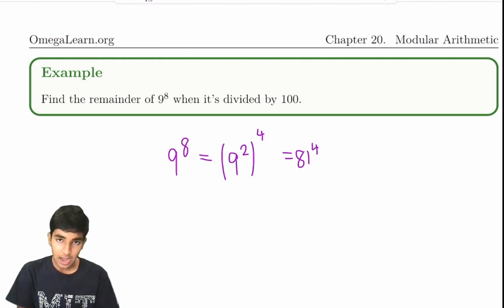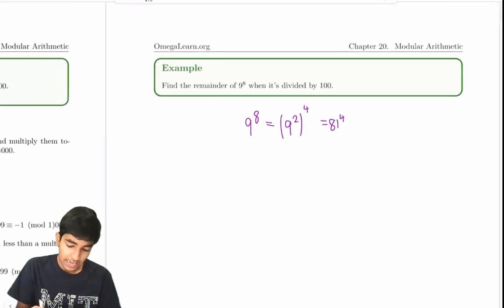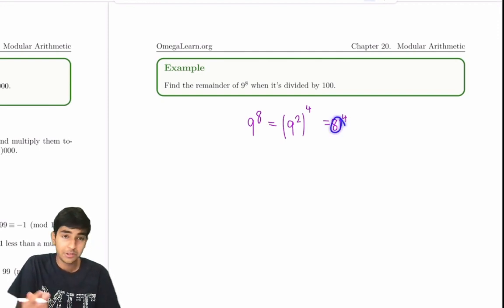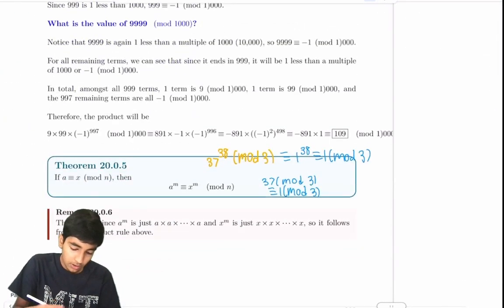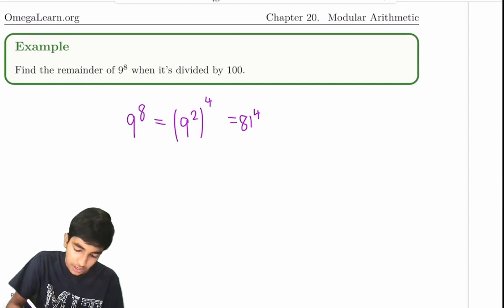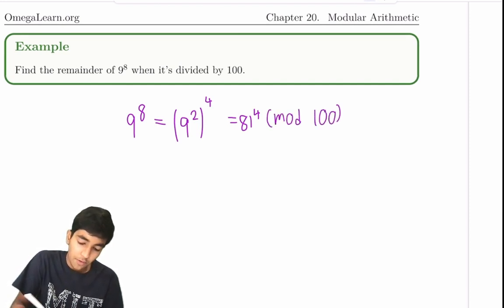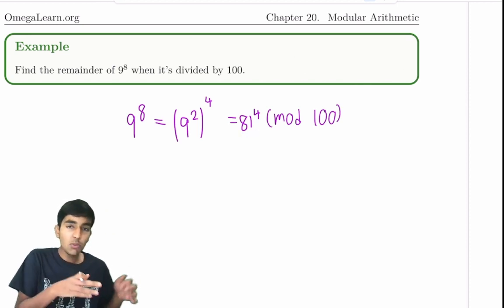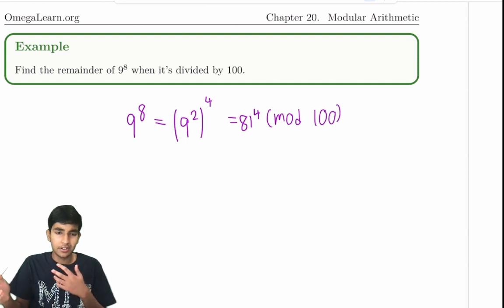Okay, now 81 is kind of big, and doing operations with that, multiplying it, would not be easy. So what we're going to do is use this rule. To find 81 to the 4 mod 100, all we need to do is find the value of 81 mod 100. Now you might be thinking, 81 is just 81 mod 100.